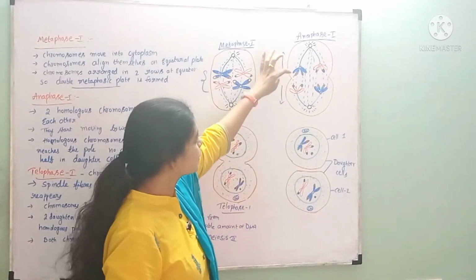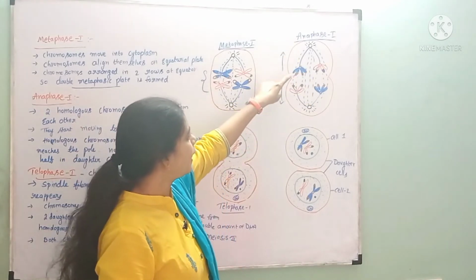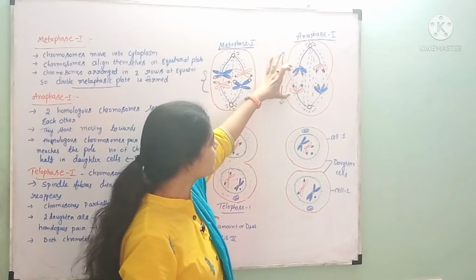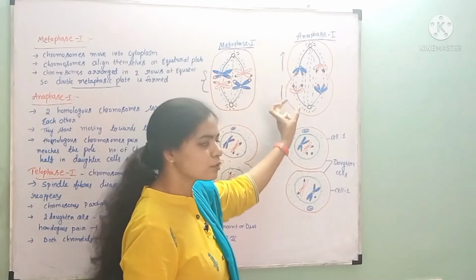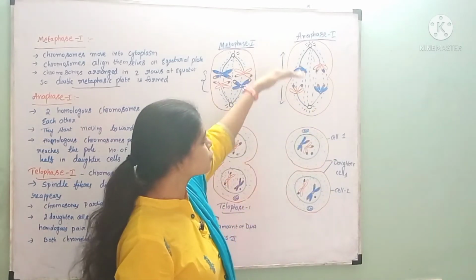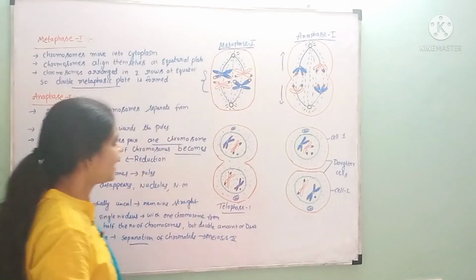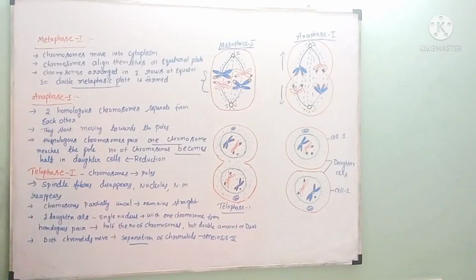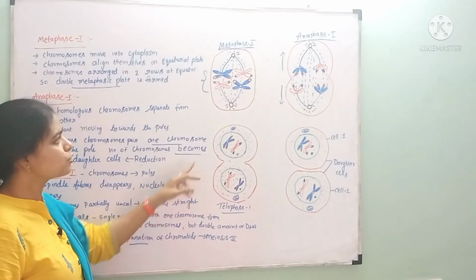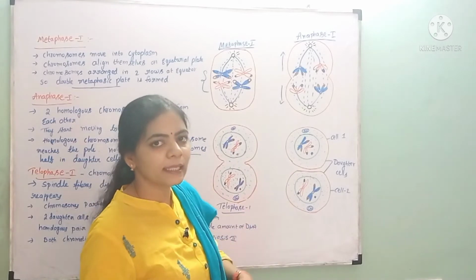The spindle fibers shorten, and in this homologous pair, one chromosome moves to one end, another chromosome moves to the opposite end. Like that, the homologous chromosomes separate and move toward the opposite poles.